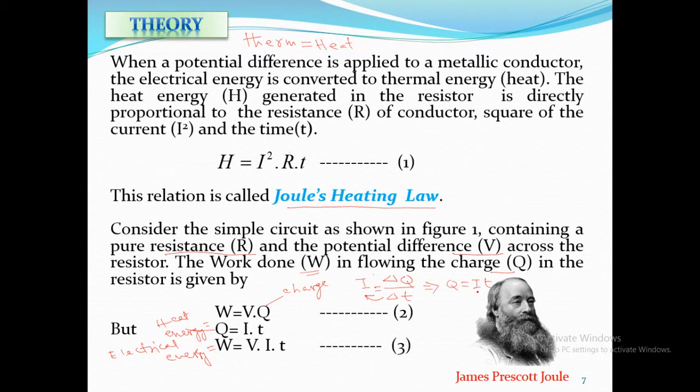I is the current flowing through the circuit, t is the time. So instead of Q, I can write I multiplied by t. So you will get this here. This is your heat energy and this is your electrical energy.